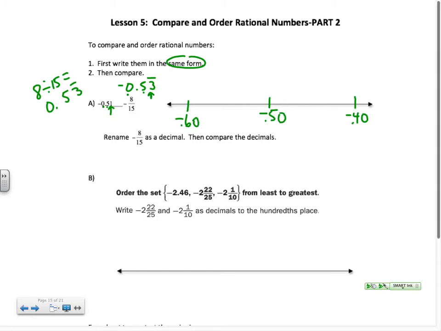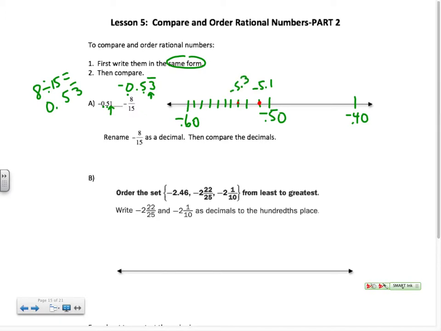And then I'm going to look and see where negative 5.1 would fall. So negative 5.1 would fall right there. Negative 5.2, 3, 4, 5, 6, 7, 8, 9, and then negative 6.0. So I'm going to graph my negative 5.1, and then I'm going to find negative 5.3. There's 1, 2, 3, negative 5.3.